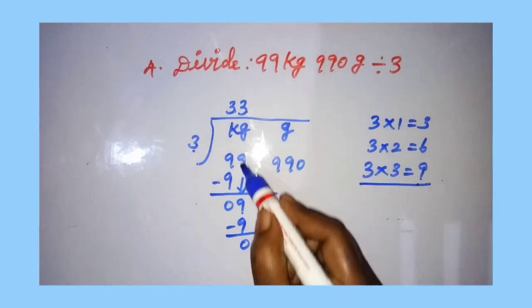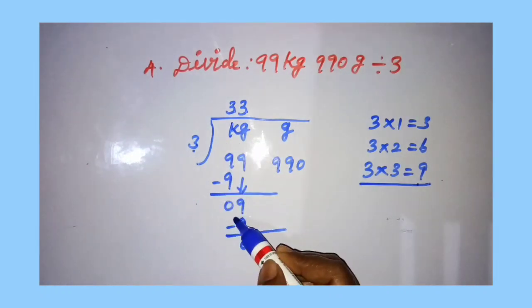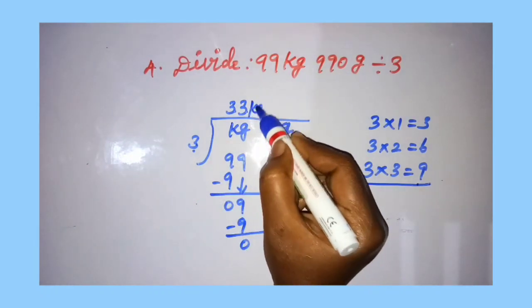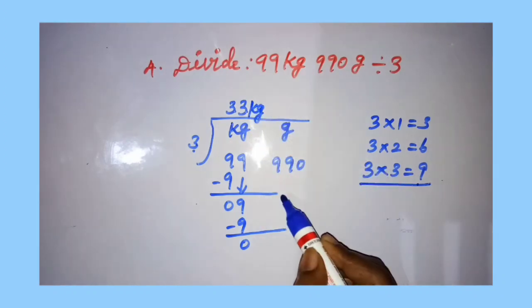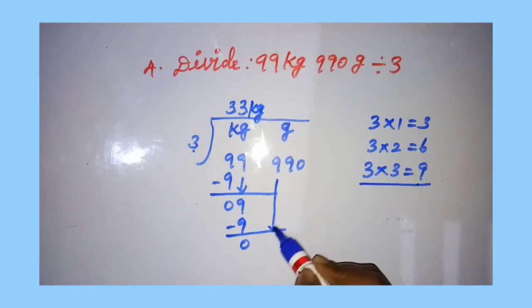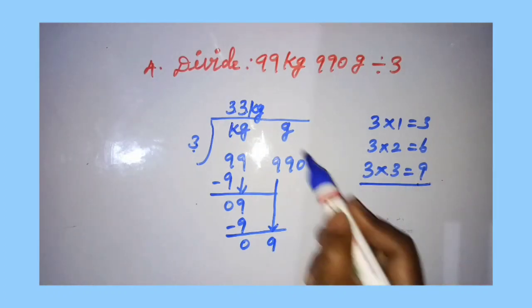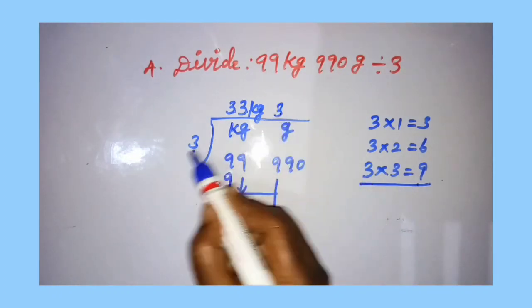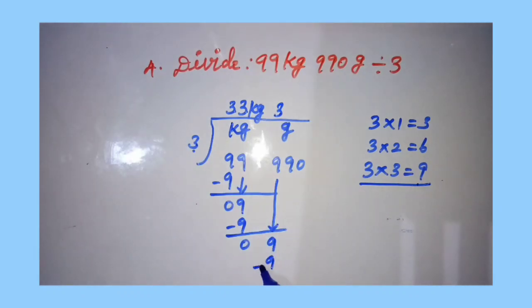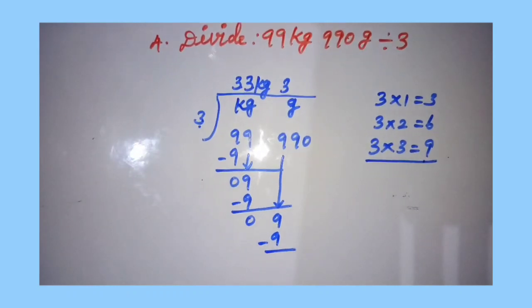Next, this kg value we have finished, so in the quotient we put kilogram. Next digit 9: 3 times it comes. So we write 3. 3 threes are 9. Subtract 9 minus 9 gets 0.